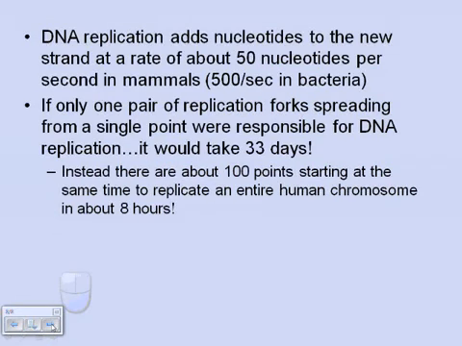Other thing to think about is how quickly DNA replication takes place. DNA replication is going to constantly be adding new nucleotides, and those new nucleotides are going to wind up being the new half of the DNA strand. But multiple replication forks, so like about 100 points, are going to be what's responsible for speeding it up.